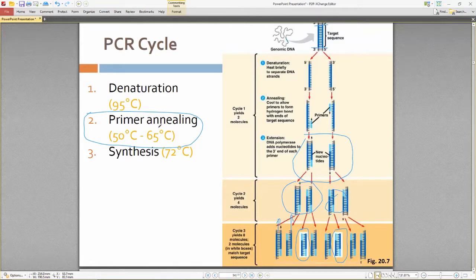And then to allow our primers to hydrogen bond to the target sequence, we cool the solution to 50 to 65 degrees Celsius. There are no enzymes involved here. Does that make sense to everyone? We have specifically prepared these DNA primers to match our target sequence where we want them to bind.